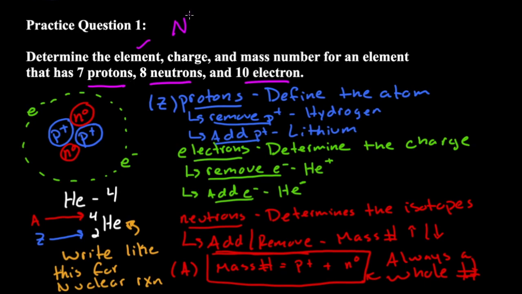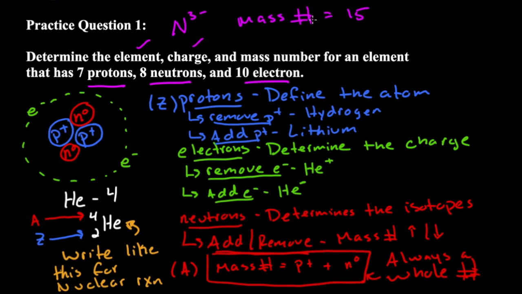So the charge of nitrogen would be 3 negative, and you put that at the top like that. The next thing we need to figure out is the mass number. The mass number comes from taking the number of protons plus the number of neutrons. When we add 7 plus 8, we get 15. So this would have a mass number equal to 15. And so that's practice question number 1.